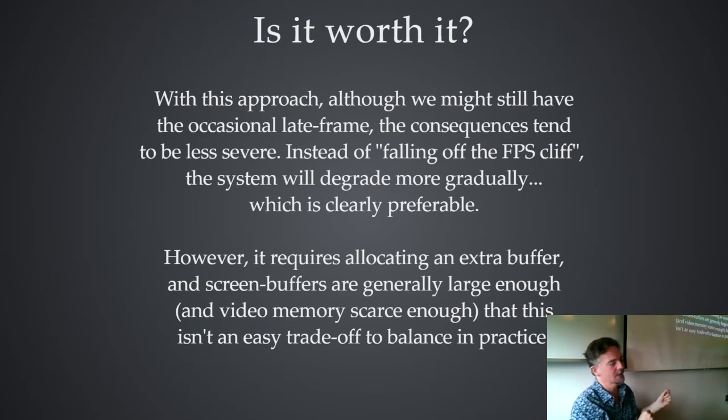So sometimes the memory costs of creating the third buffer are something you have to worry about, especially on a console. Consoles have got limited memory, so there's always a trade-off. You can say, yeah, we can go to triple buffering, but if we do that, we've got less texture memory. So the textures in your game can't look as nice, and you have to trade it off with the artists as to, well, do you want more textures or do you want the security of triple buffering? You just have to decide.